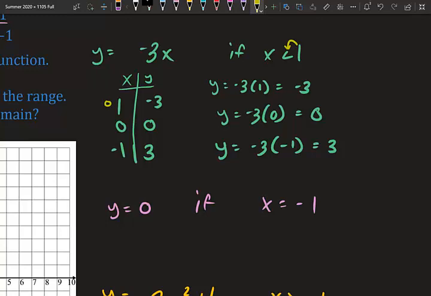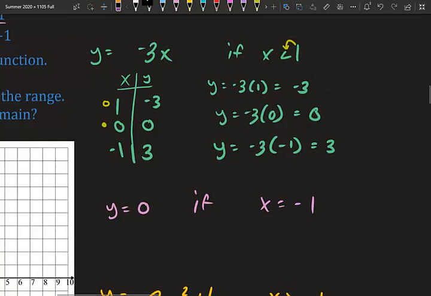Now for the rest, since it's not the number given, it's always going to be closed. But let's say you forget that, let's just plug it in. So here, 0 is less than 1, so that's true, so closed circle. And then negative 1 is less than 1, so since that is a true statement, closed circle.